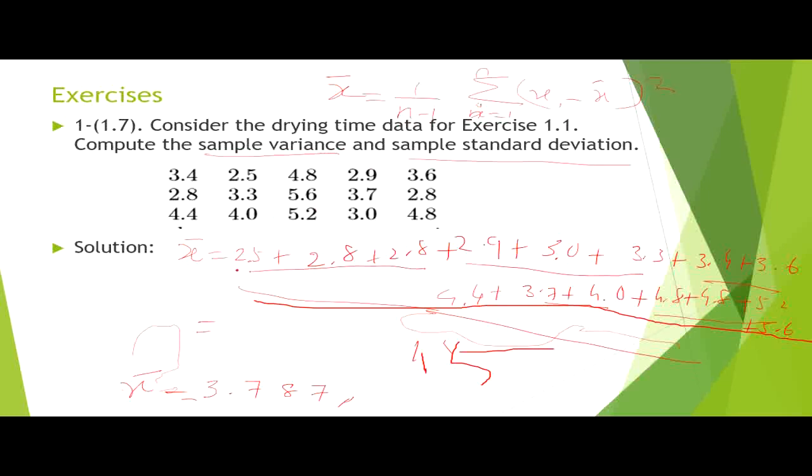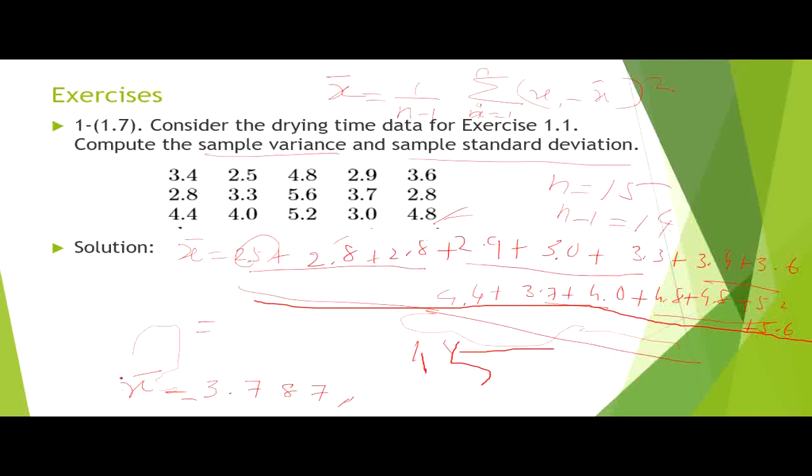Xi is every element in the set. So first element minus the average square, second element minus the average square, third element minus the average square. It will be done for all the 15 elements, and sum the total and divide by n minus 1. n is the number of elements in the data set, 15. So n minus 1 is 14, isn't it?